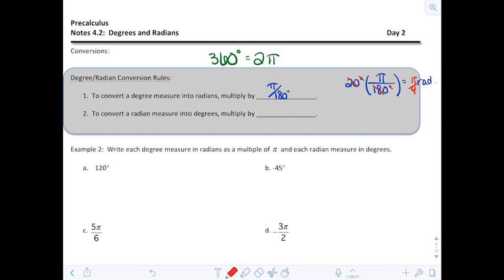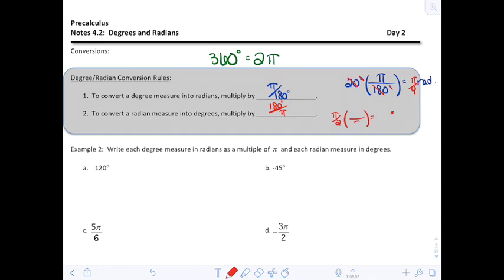Then to go the other way, to convert a radian measure into degrees, we're going to do the opposite and multiply by 180 degrees over pi. So for example, if I want to convert pi over 2 to degrees, I want the pi's to cancel, because that's my indication that I'm in radians.